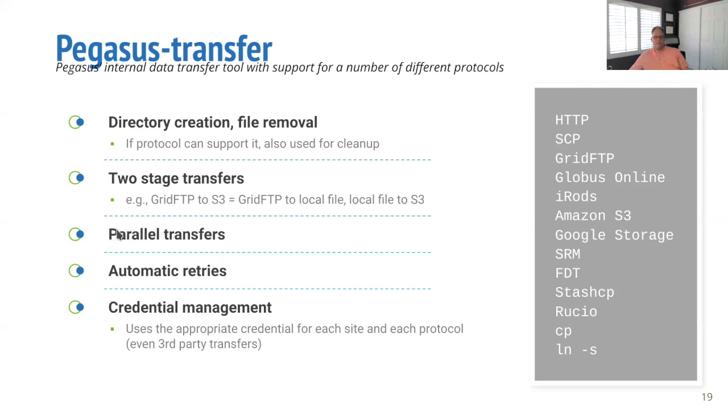The data sources that we deal with, we can sometimes easily overwhelm them by doing these parallel transfers. So sometimes we have to be careful and think about the actual limits that we have to deal with when it comes to pulling data, and then there's credential management. So this is internal, but it's a really good tool to know about, because it enables you to do things that maybe DAGMan by itself wouldn't be able to do.